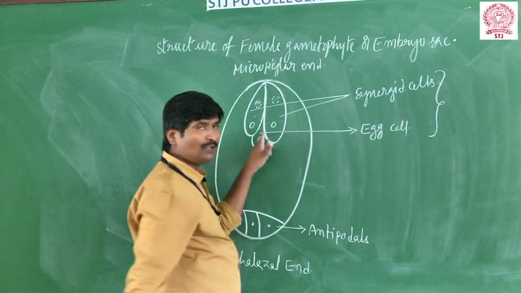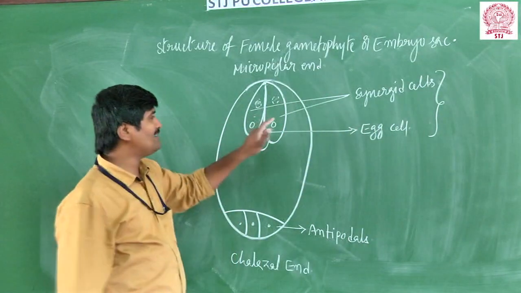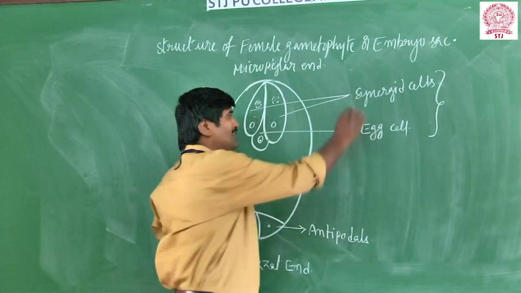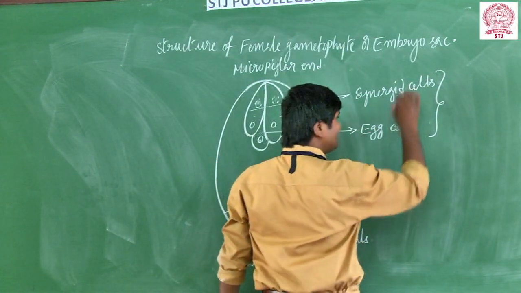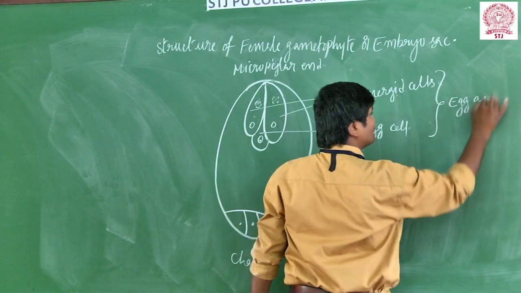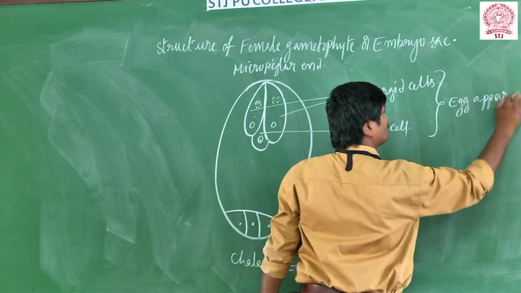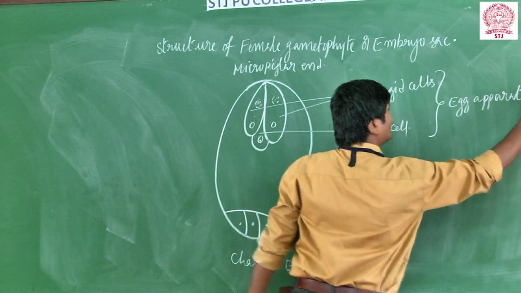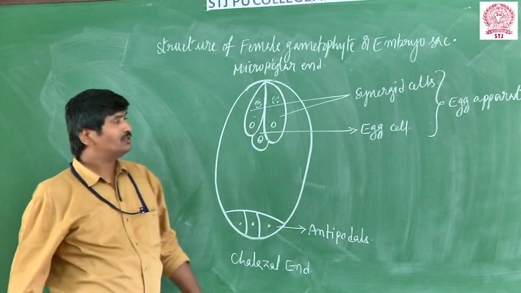The egg cell is in the central position, and on either side of the egg cell the two cells are known as the synergid cells. This entire structure is known as the egg apparatus.